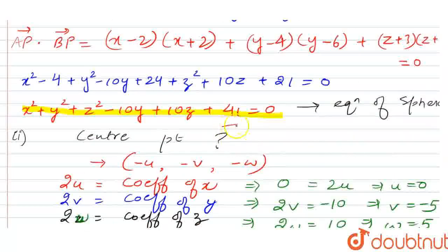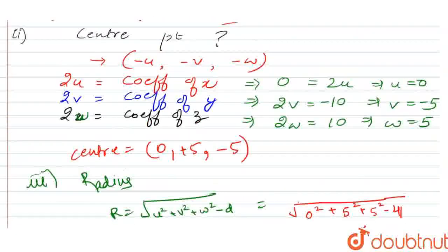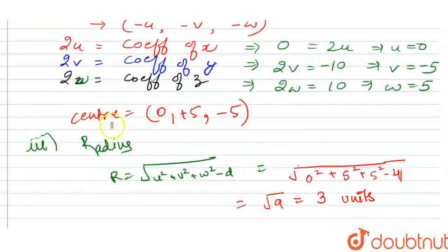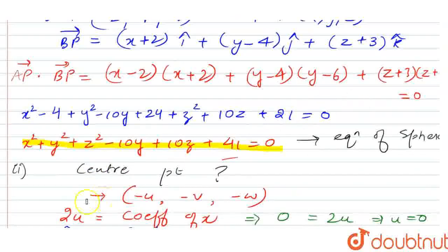From here we can see d is 41, so we will have minus 41. After solving it, 5 square is 25, 5 square is 25, 25 plus 25 is 50, 50 minus 41 is 9, so root 9 will be equal to 3 units, and that is our radius of the sphere. So this is the center and this is the radius, and we had our equation as this. The equation of the sphere is this.